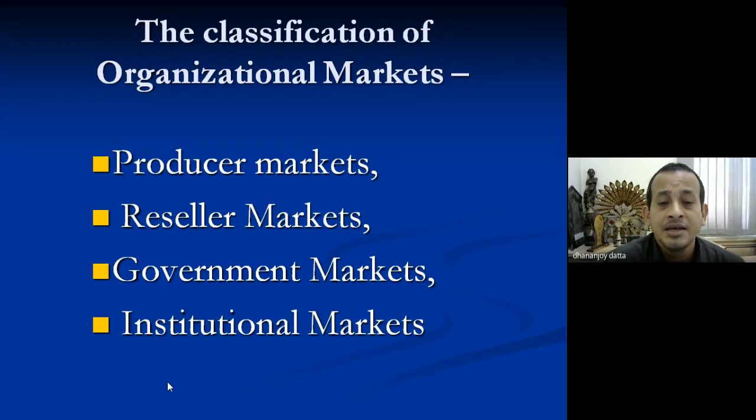What I said, the producer purchases a product to include it in the final product produced by them. Now there are three types in the producer market. First I will give you one example of the producer market.